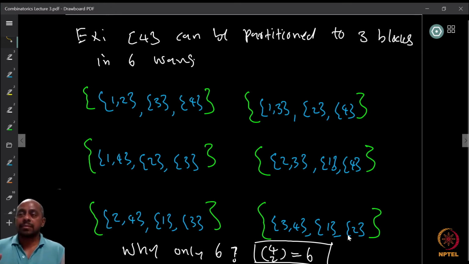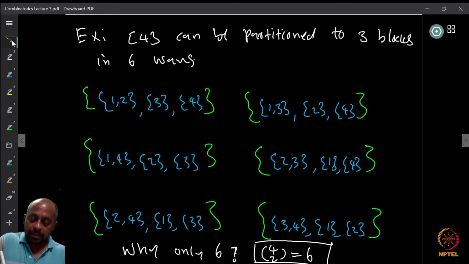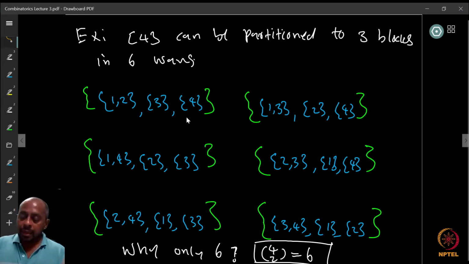We can see that in each of these partitions the blocks are disjoint. The elements do not repeat, and all elements appear there, so the union is the whole set. So these are all partitions, and we have exactly 3 blocks: a 2 element set and 2 singletons.